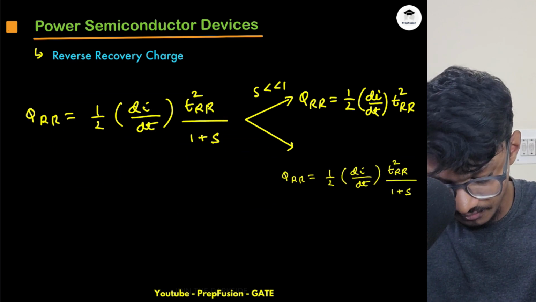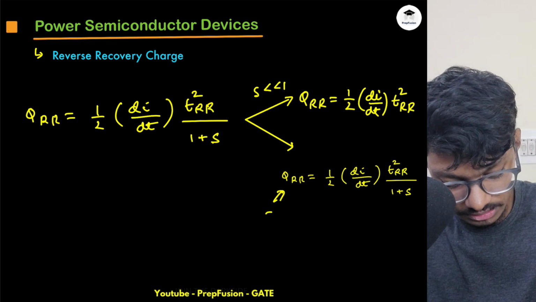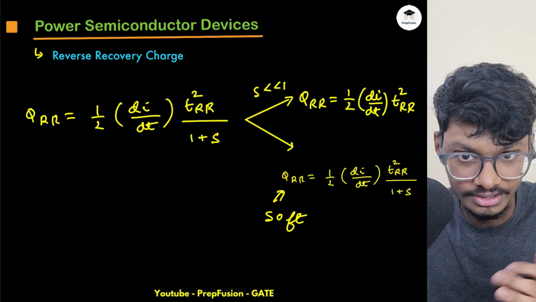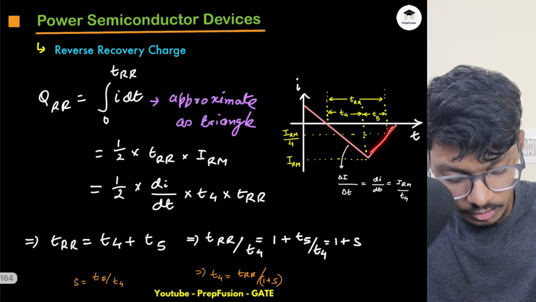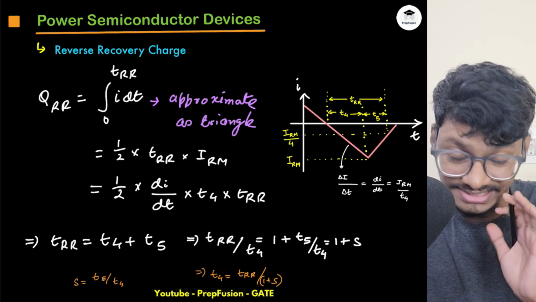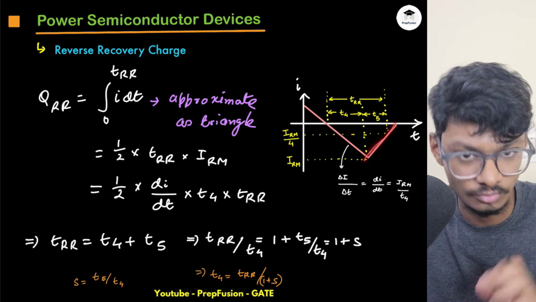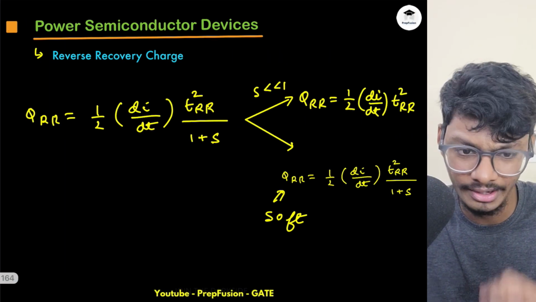If this is the equation of QRR, that means my diode is soft because it has given enough time to deplete these charges. That's why T5 has more width now. I hope you understand the analogy.